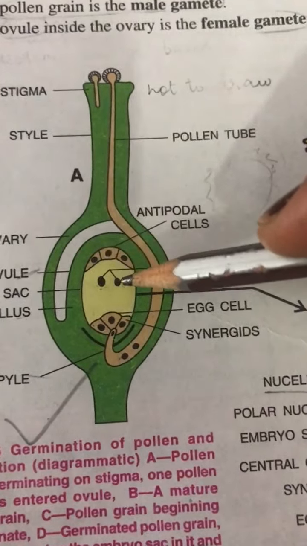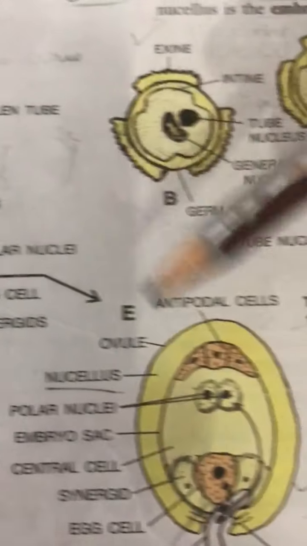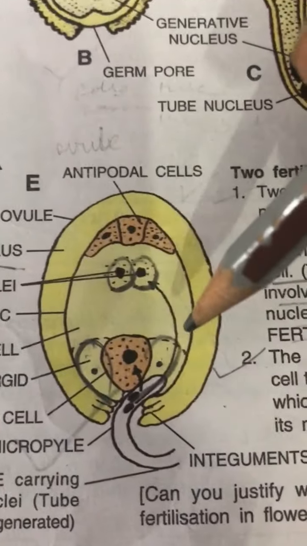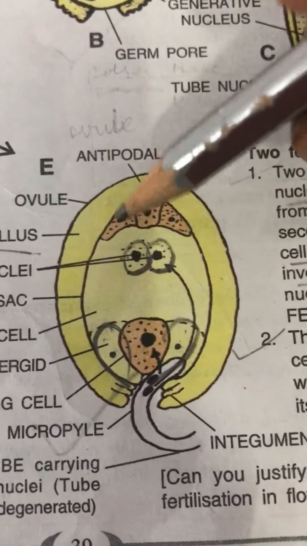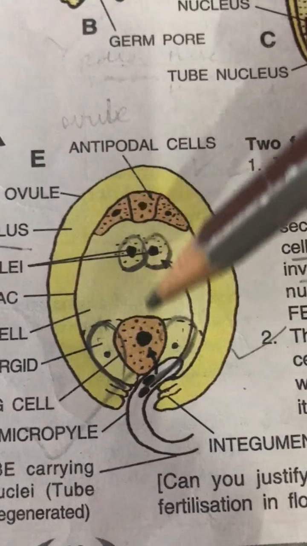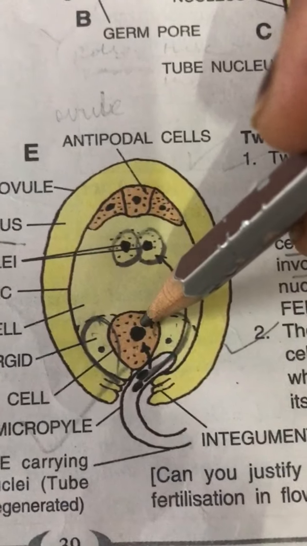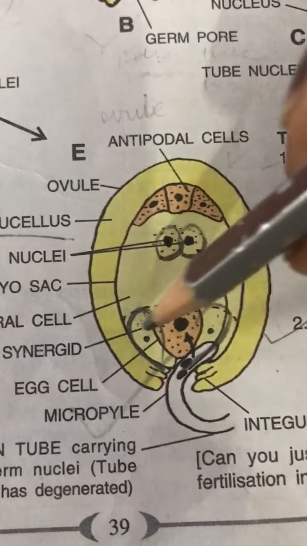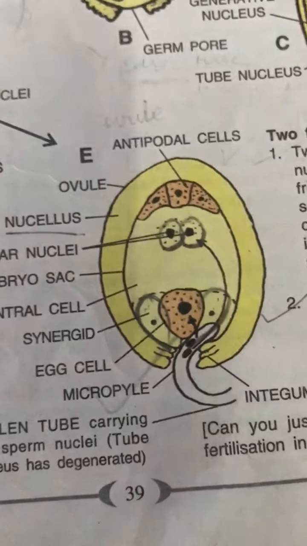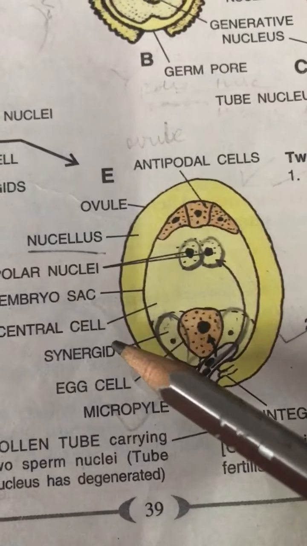To understand the internal structure of ovule, let's refer to this diagram. Now inside the embryo sac you can see there are 8 prominent cells. This middle cell is the egg cell or the female gamete. It is surrounded by two helping cells which are called synergids.